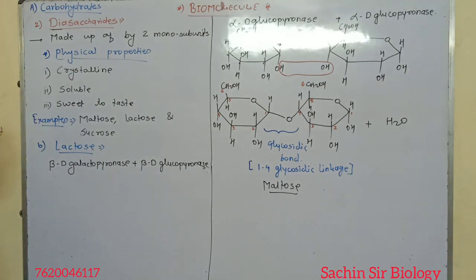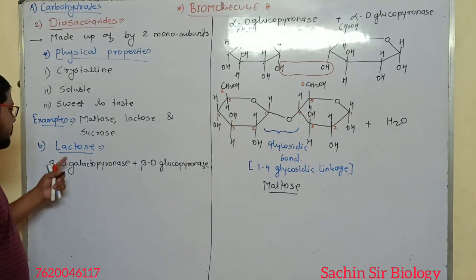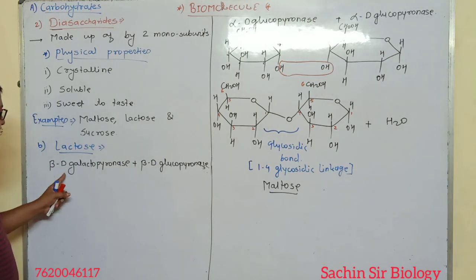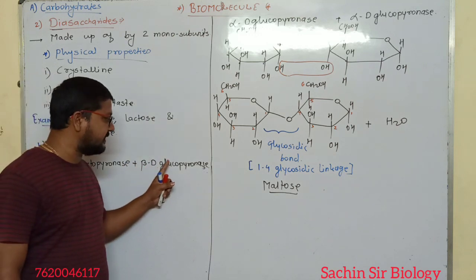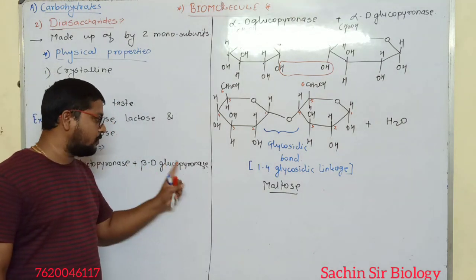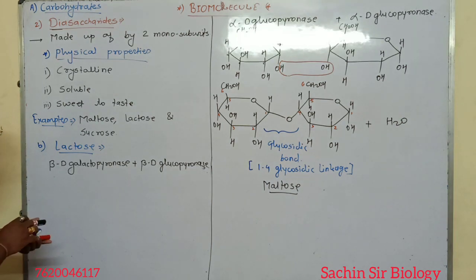Simple. Okay. So which two monosaccharides are involved in the formation of lactose? That is beta D galactose, or galactopyranose, and second, beta D glucose, or beta D glucopyranose. Understand?